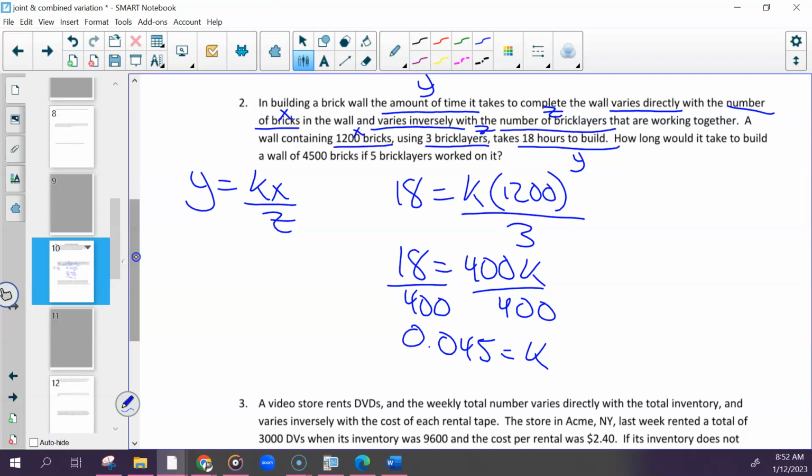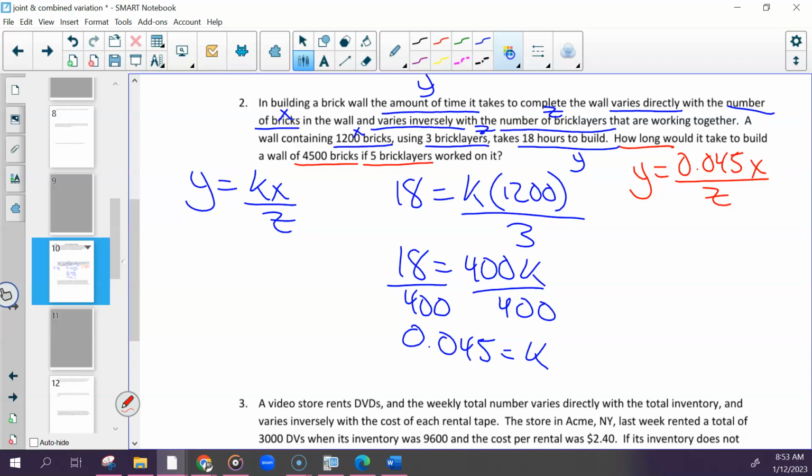After we find our k value, the process then is the same. Put it back into your original. We have y equals 0.045x all over z. And then look at what it's asking and look at what you're given. How long would it take to build a wall of 4,500 bricks if 5 bricklayers worked on it?